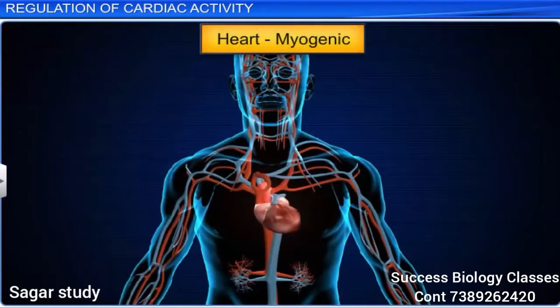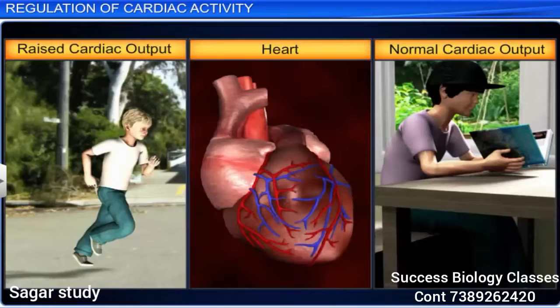Hence, the heart is also termed myogenic, which means originating in the muscles. Our body has the ability to increase or decrease cardiac output when required.